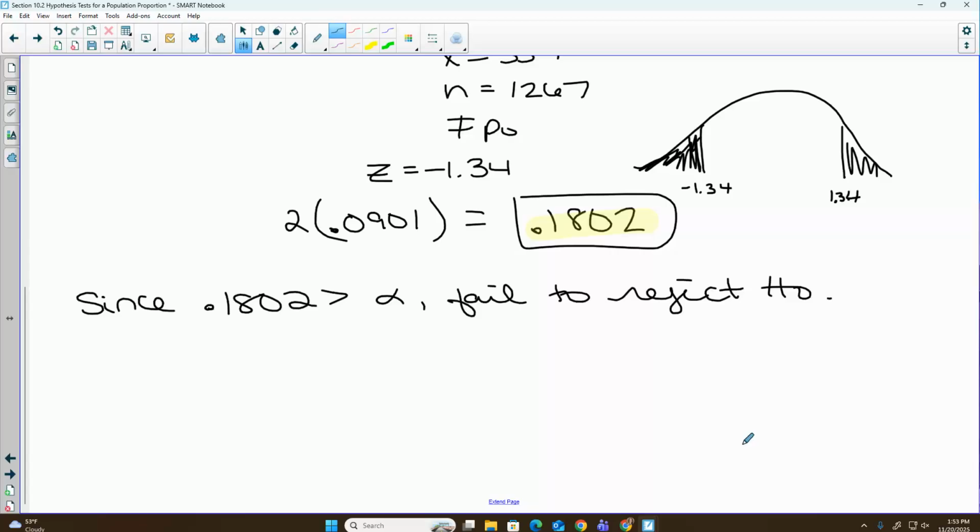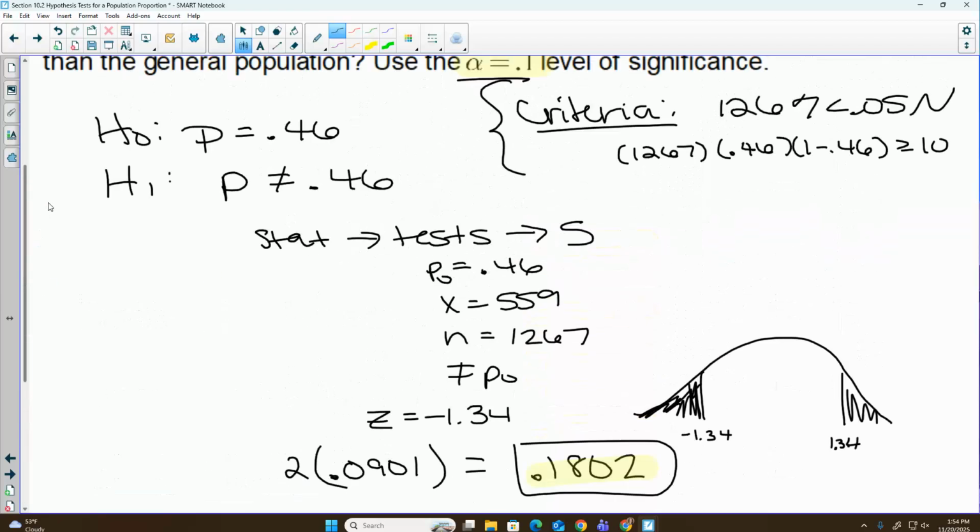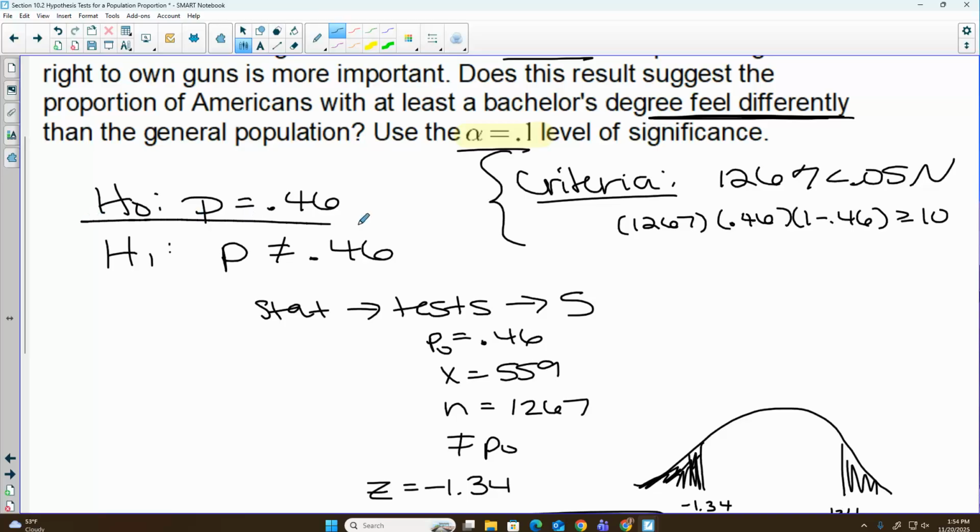But it doesn't mean we accepted one. Right, it doesn't mean I proved it was true, it just meant I can't prove it's false. So I didn't reject the null hypothesis. That means I cannot prove that it is not 0.46. I didn't prove it was still 0.46, I just failed to prove it's not.